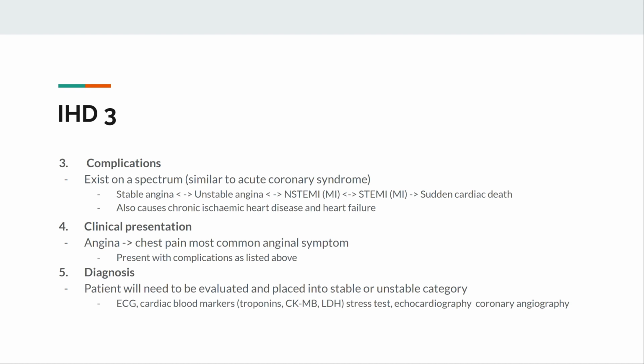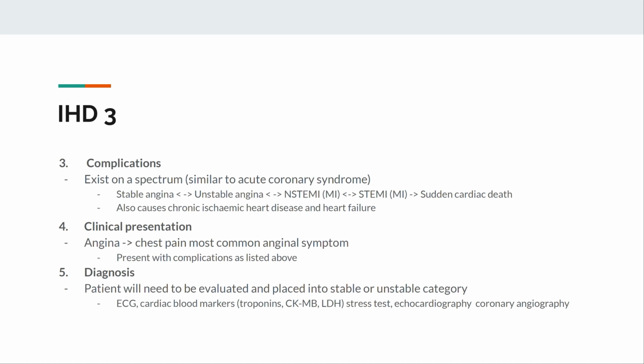I really want you to focus on angina, because chest pain is one of the most common symptoms you'll get with ischemic heart disease. You also get people presenting with the complications I've talked about above. A patient could present with an MI, myocardial infarction, after having ischemic heart disease that they didn't know about for quite some time.